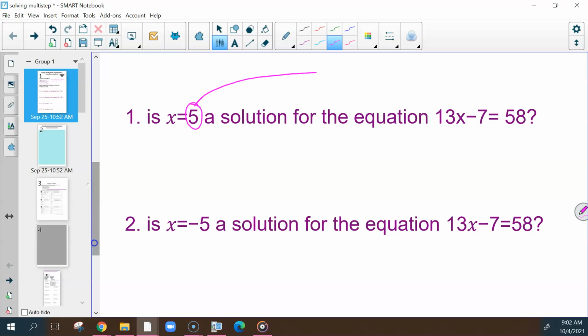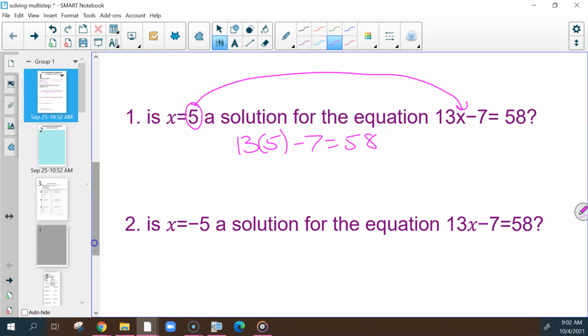We're going to take this 5 and put it in for x, kind of like we were evaluating. So 13 times 5 minus 7 equals 58. I just put 5 in for x.